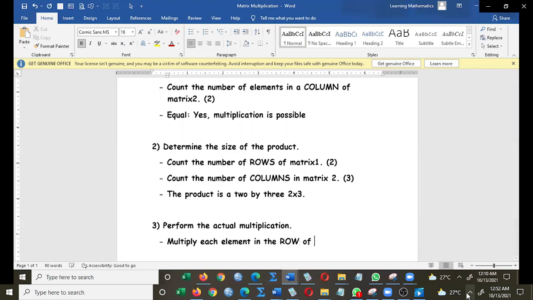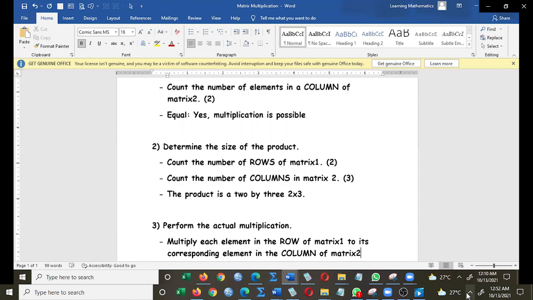The row of matrix 1 to its corresponding element, the column of matrix 2.